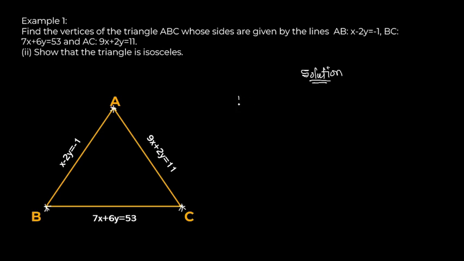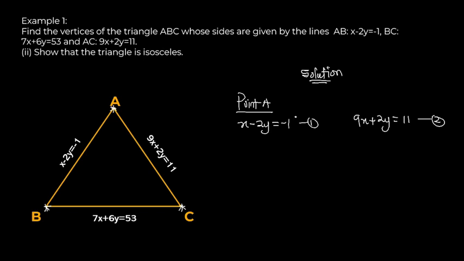So for vertex A, we need to solve the equation x minus 2y is equal to -1. This is our equation 1, and 9x plus 2y is equal to 11 as our equation 2. Now, if you compare equation 1 and equation 2, we have -2y over here, we have +2y over here.